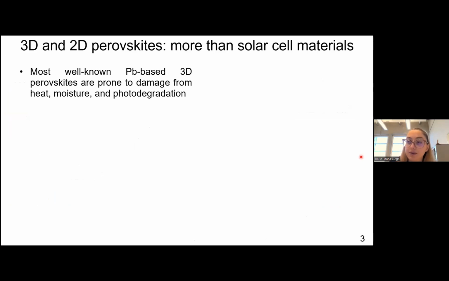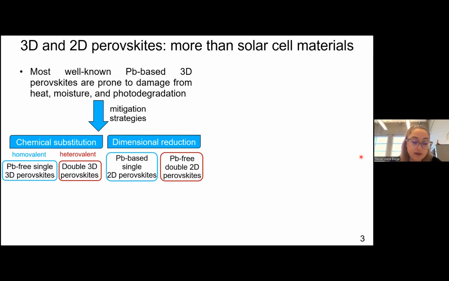And I don't think I need to really introduce perovskites to this audience, but what I want to quickly say is that the most well-known lead-based 3D perovskites, they are well known for solar applications, but it is also known from literature that they are not very stable under ambient conditions, and there have been mitigation strategies introduced in literature.